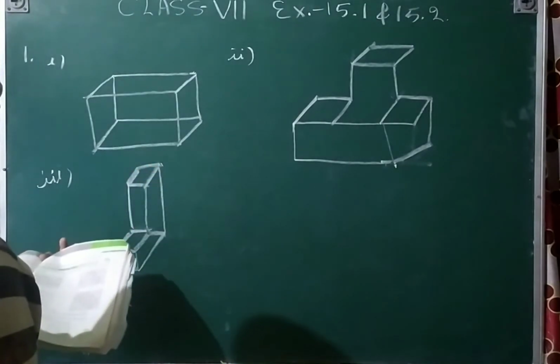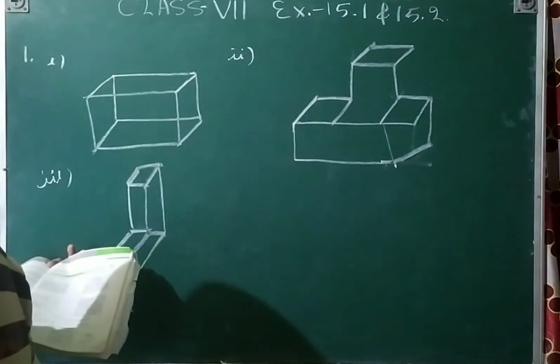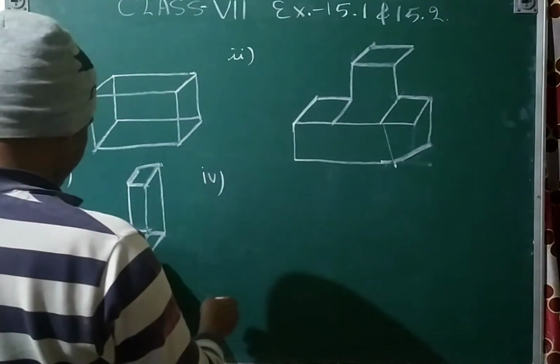When you use that isometric dot paper, then that figure will be very clear.